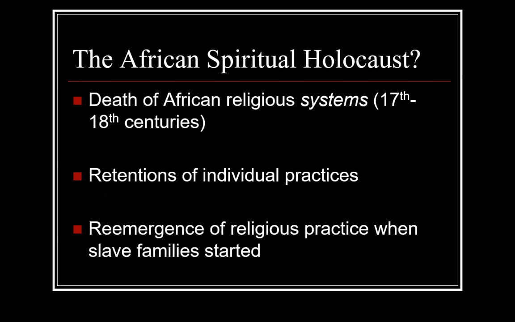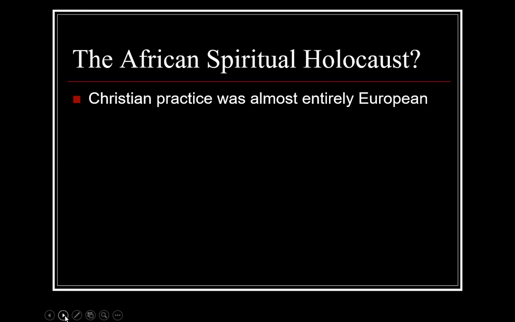A couple other preliminary things. Predominantly through this time period that we're talking about, Christian practice tended to be predominantly European in a lot of places. Now, certainly there are some ways in which Africans are putting their stamp on Christianity.